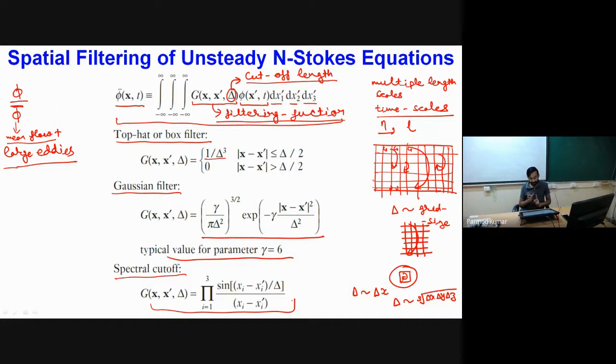One important thing to remember: once we integrate the instantaneous parameter phi including the filtering function, we get a parameter phi bar, which includes the effect of only the mean flow and the large eddies. Depending upon the requirement of the problem, we may use different types of filtering functions.